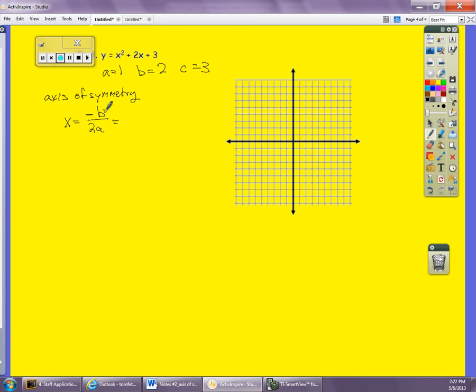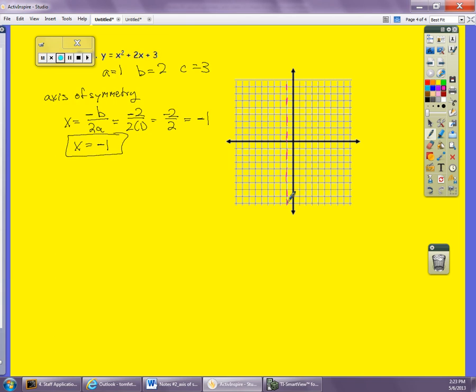So it's negative 2 over 2 times 1, which is negative 2 over 2. So our axis of symmetry is x equals negative 1. So that's going to give us our straight line, our dashed line at negative 1, meaning our graph is going to fold over this line. That's our axis of symmetry.